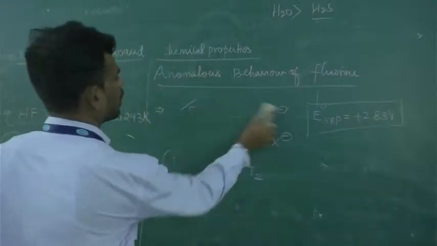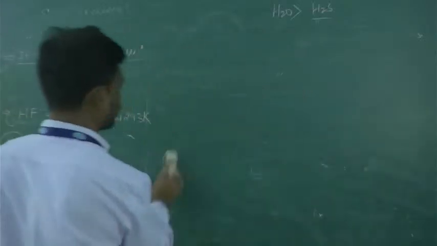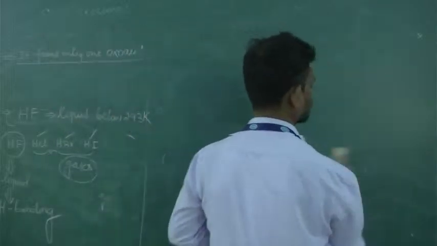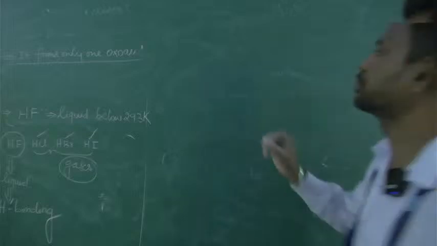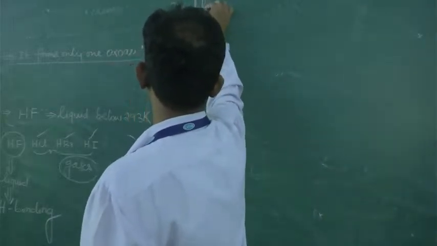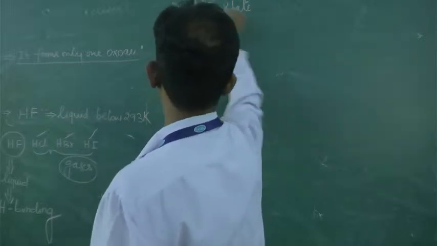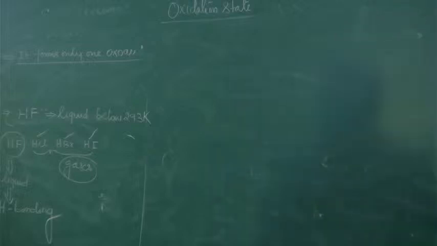Is it clear? Yes. Next, we are going to discuss about oxidation state. So all halogens exhibit -1 oxidation state.